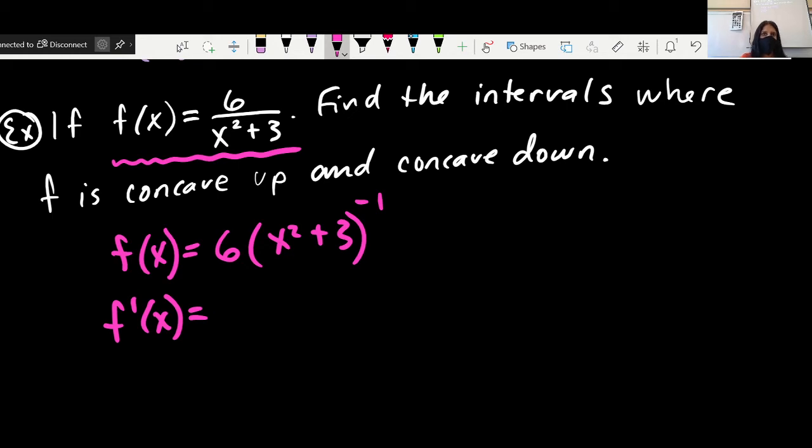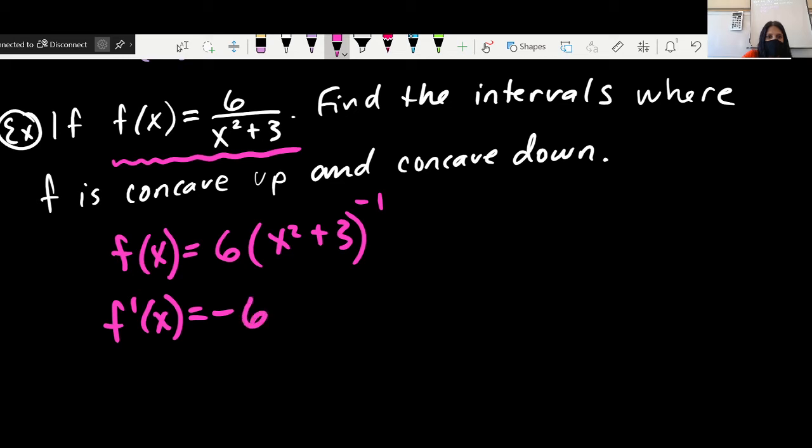When I go to take the derivative of this, I feel like consistently quite a few people mix things up with the product rule and the chain rule and the combination and when you do what. So I'm going to go through this step by step. That's why I've chosen this, because it wasn't just one or two people, it was several. So do you see that we would bring this down to do the power rule?